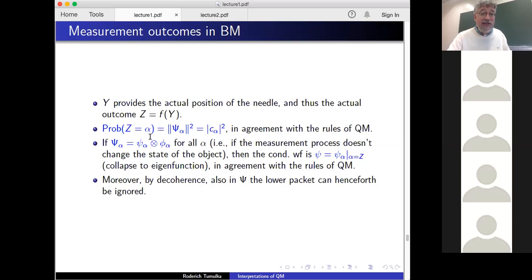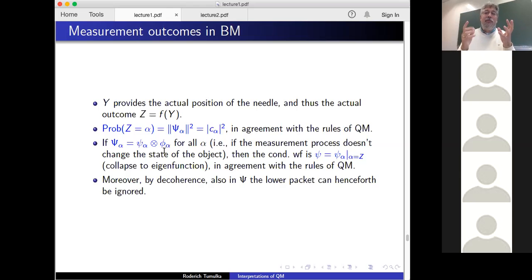And if that is the case, that the outcome was alpha, and if moreover, let's assume for simplicity that this measurement process does not change the eigenstate of the system. So if the system was in state lowercase psi alpha, then also at the final time of the measurement process, it will still be a product between psi alpha and some state of the apparatus that I call phi alpha.